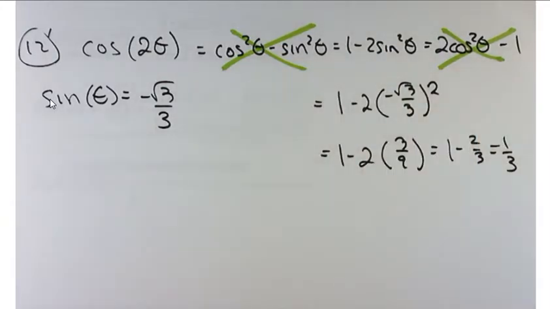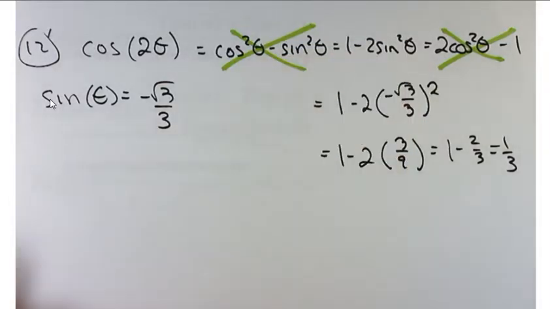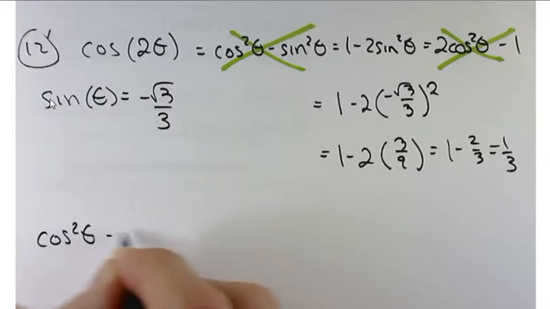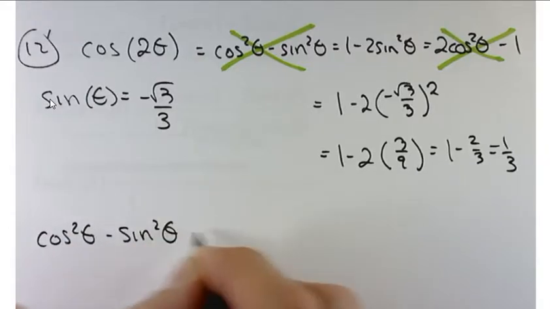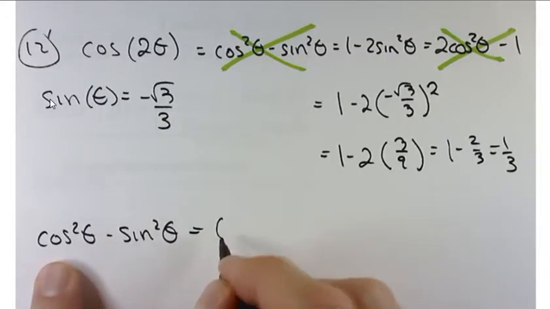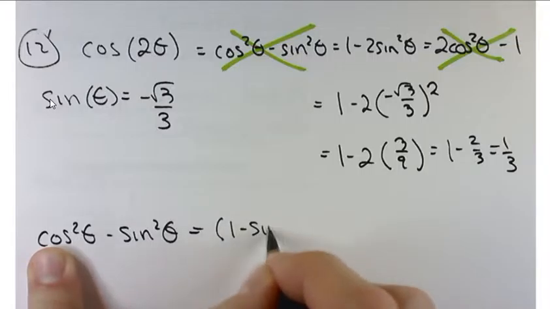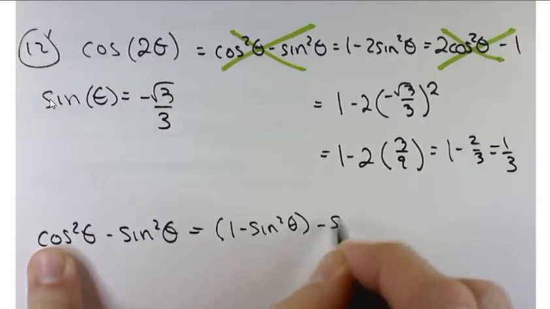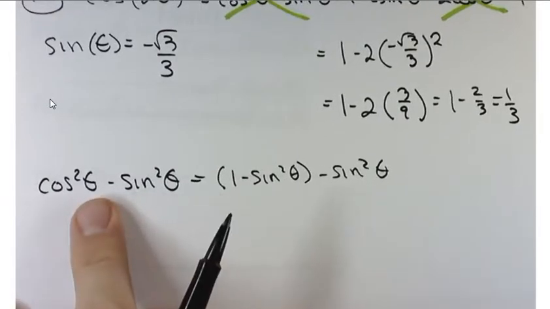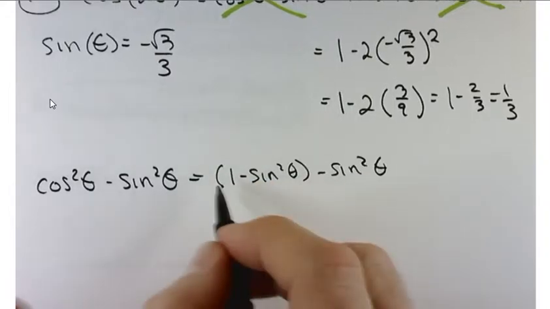Okay. Let me just show you how you can derive, say, this one here. So let's start out with cosine squared of theta minus sine squared of theta. From the Pythagorean Theorem, I know that cosine squared of theta can be replaced by 1 minus sine squared of theta. So if I know that, now I've got like terms, right?